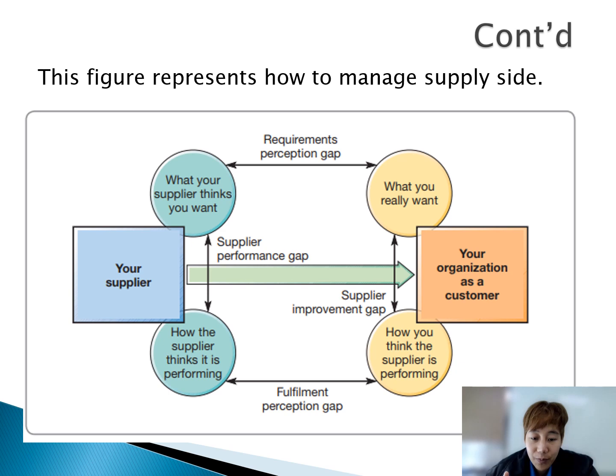It is the fulfillment perception gap. Okay. You have to think about both sides. When you become a customer, it means you want your supplier to do something for you, but in fact you get just something like this, not 100% as you want, you see the gap, right?